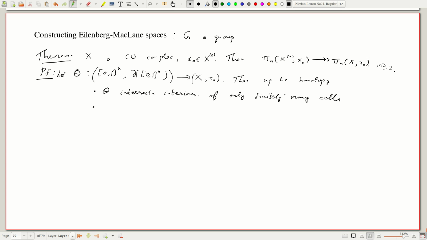But so theta intersects interiors of only finitely many cells. And now theta has image disjoint from, earlier I had called this k and that n, so let's call it m cells for m greater than n, disjoint from the interior.